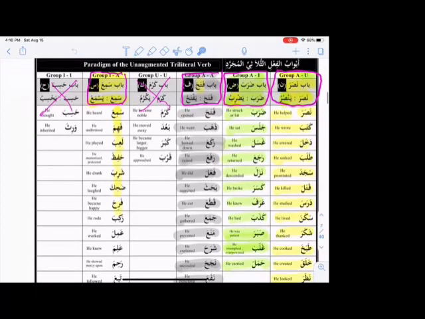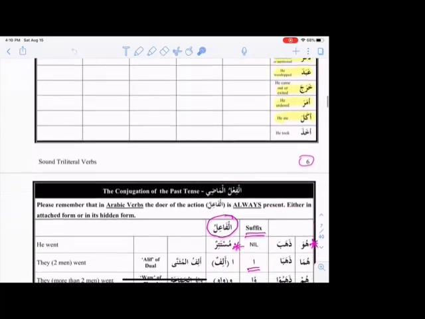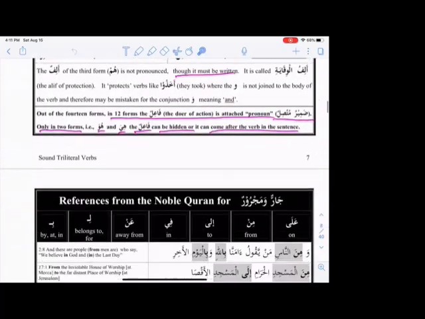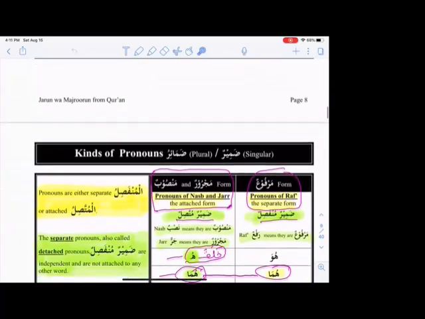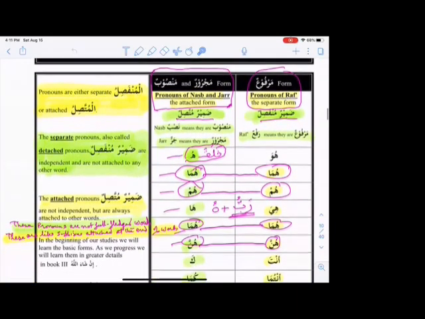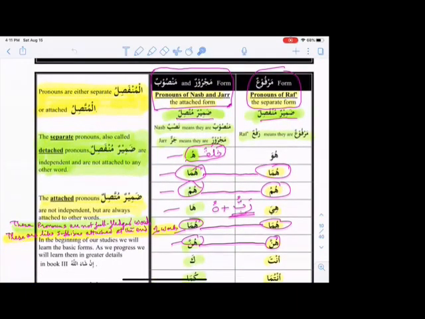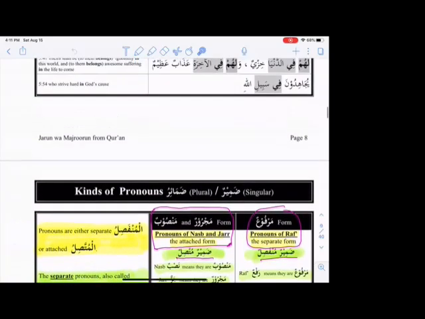Samia will have lots. Samia, Fahima, Laiba, Hafiza, Shariba. So Samia, Yasmau, Fahima, Yafhamu, Hafiza, Yahfazu, Shariba, Yashrabu, Dahika, Yadhaku, Fariha, Yafrahu, like that, inshallah. I want you to conjugate, brother, as much as you can, if possible, so that way, inshallah, you'll become strong.